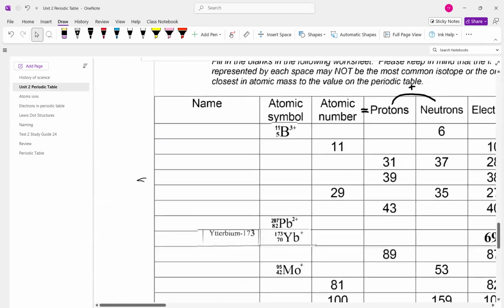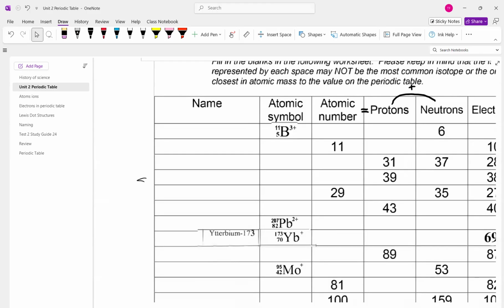Okay, so remember now, ions, protons does not equal electrons. And the charge is going to be whatever there's most of. Okay, so now the elements are all the same, it's just that these are all ions.